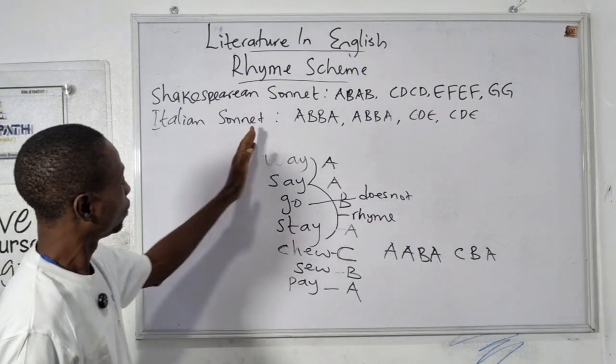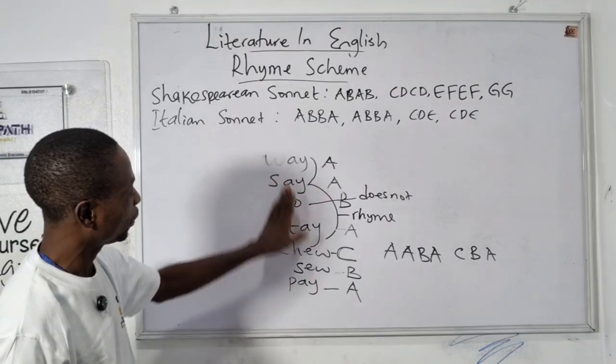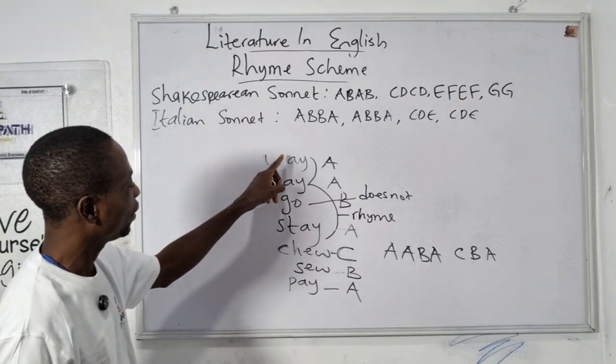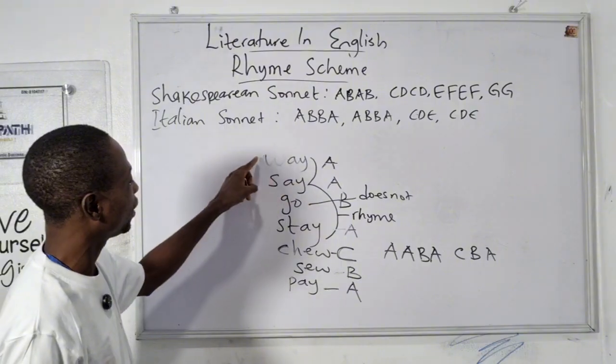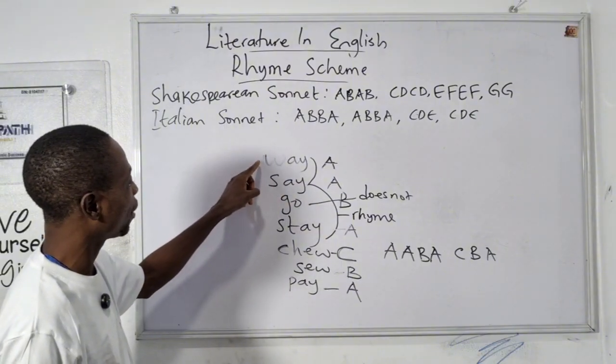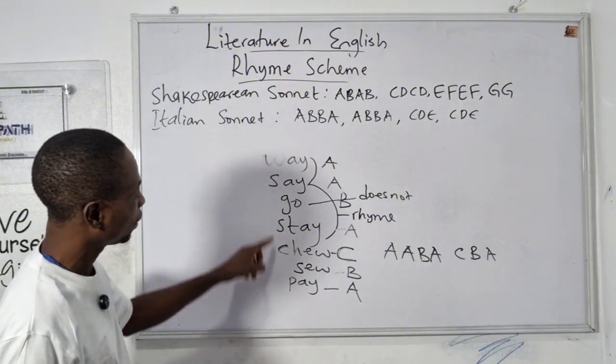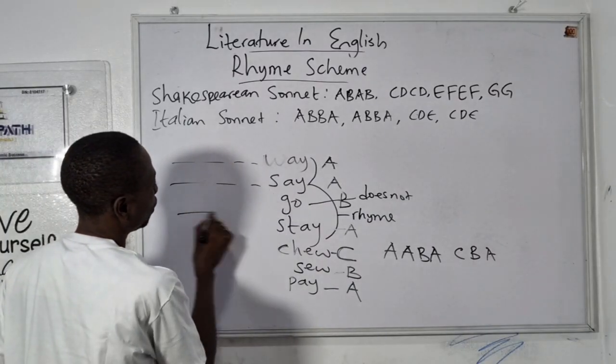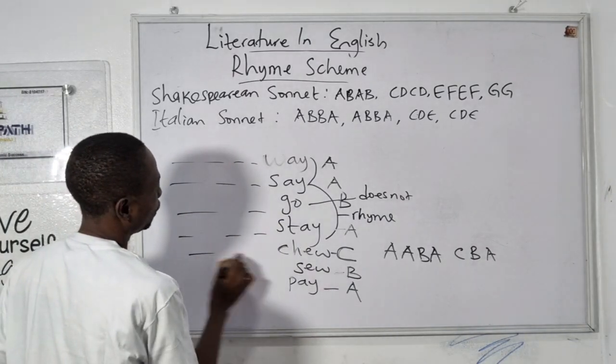Look at it. The assumption for this example is that these are the words ending each line of a poem. These are the words ending what? Each line of a poem.